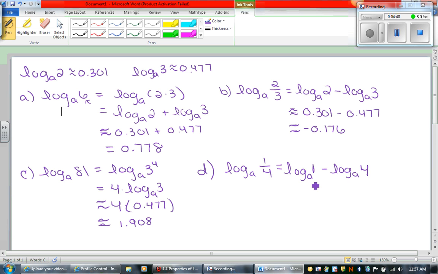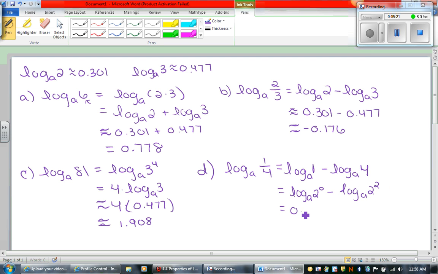Well, the only way that I can think of to get 1 is knowing that anything to the 0 power is 1. So let's say I write it as log base A of 2 to the 0 minus. Now 4 I can get by squaring 2. Log base A of 2 squared.